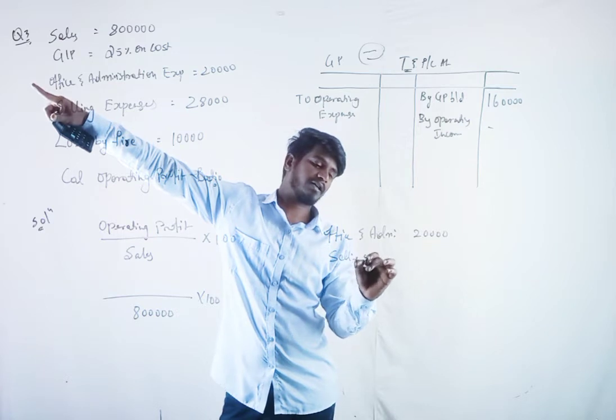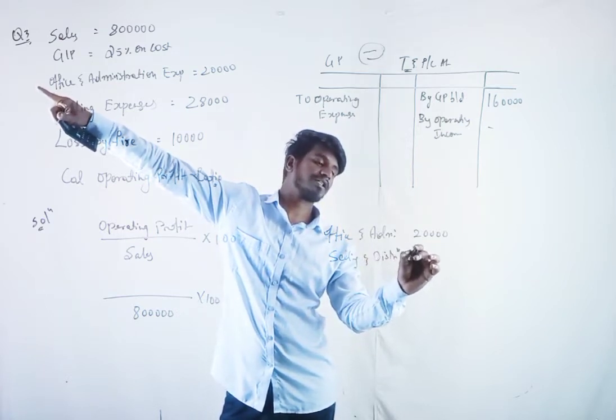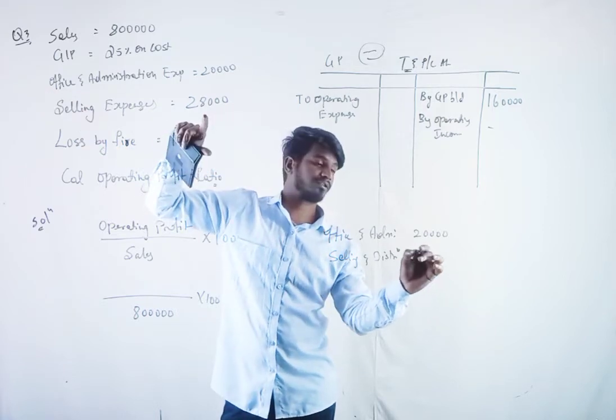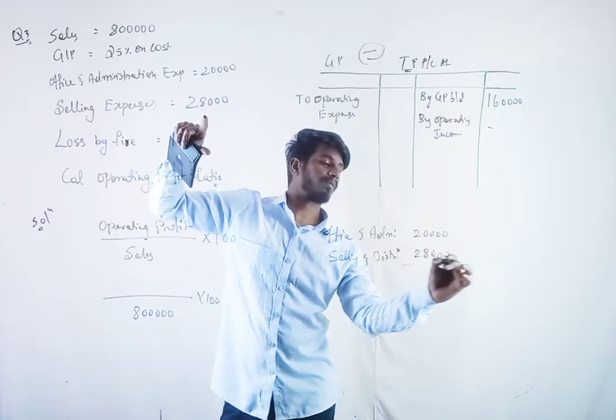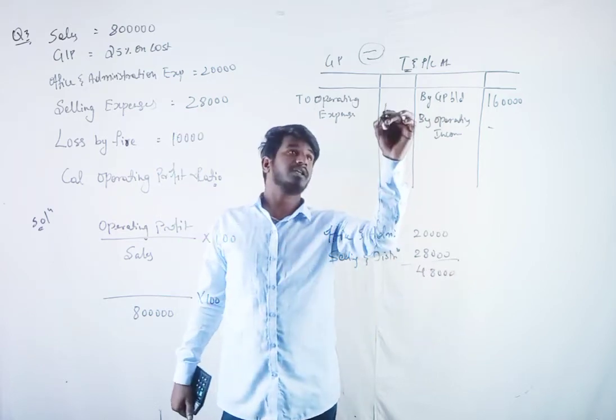Selling and distribution, how much is it? 28,000. Totally operating expenses come out 48,000.